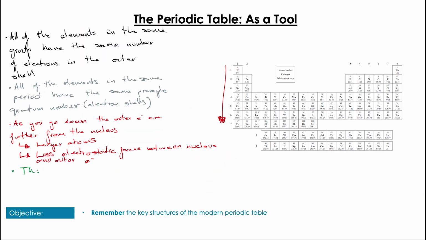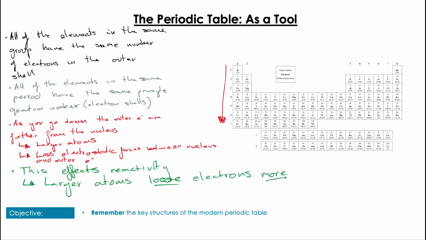And most of this effect on the reactivity as we go down the group happens due to the fact that larger atoms are going to find it easier to lose electrons because of less attraction to the nucleus, and conversely, larger atoms will gain electrons less easily as new electrons will have less pull from the nucleus. And this relationship underpins so many of the trends we see in the periodic table.